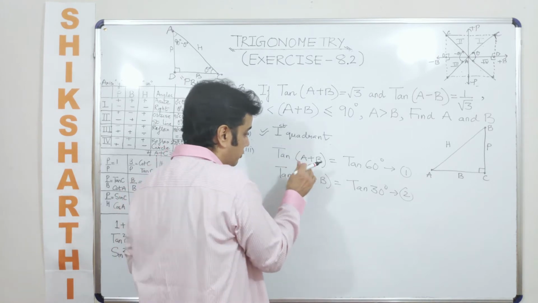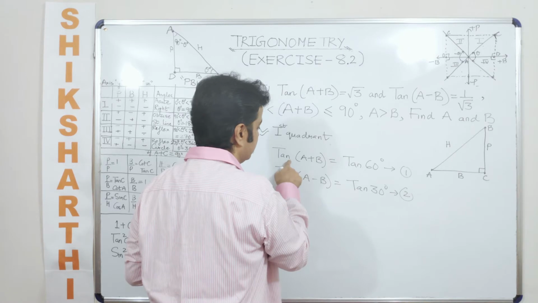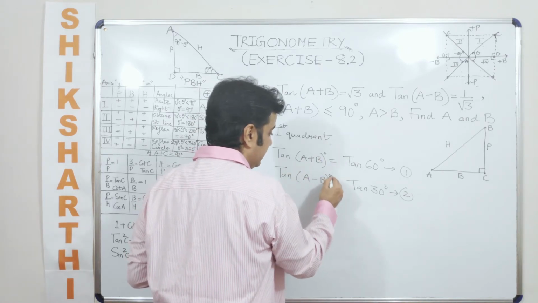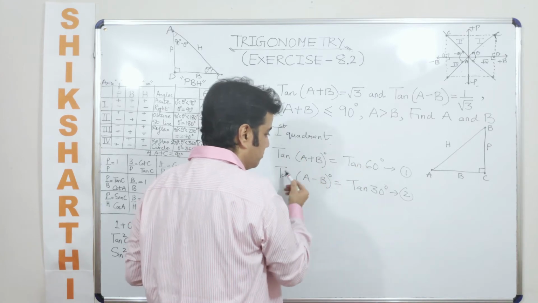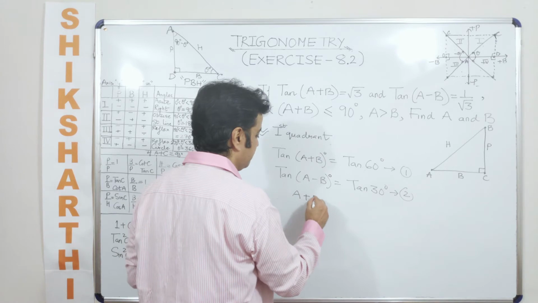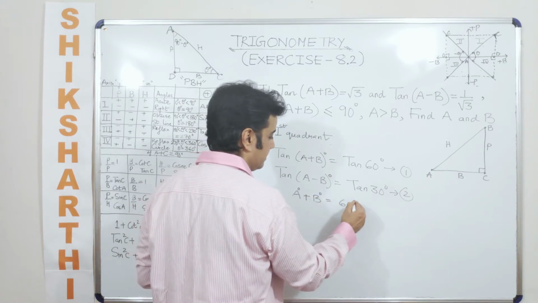So you have two simultaneous equations and you just need to solve. Once you have tan of an angle equal to tan of an angle, this is tan of A plus B degrees and this is tan of A minus B degrees. Now you can cancel tan from both the sides, which is why you will say A plus B degrees. So this is just like saying A degrees plus B degrees is equal to 60 degrees.